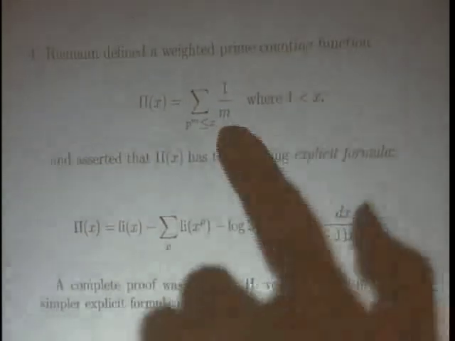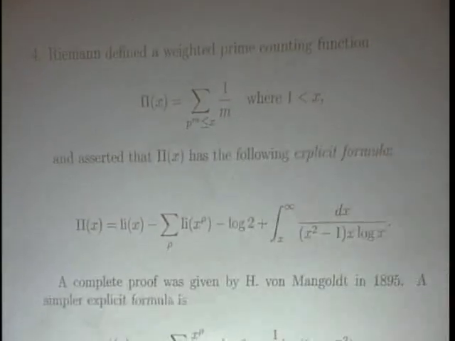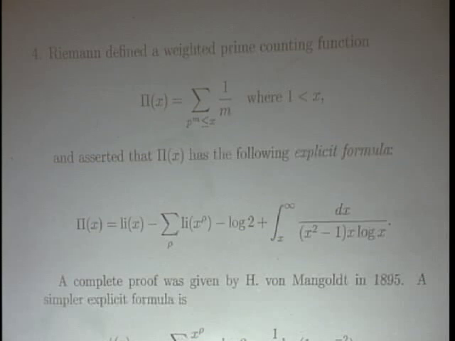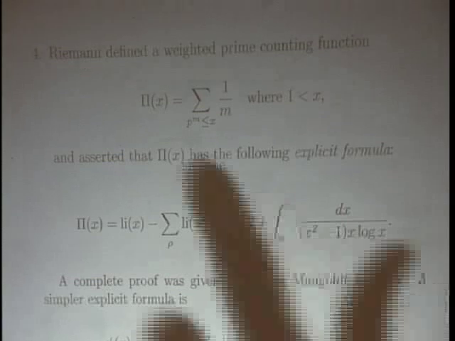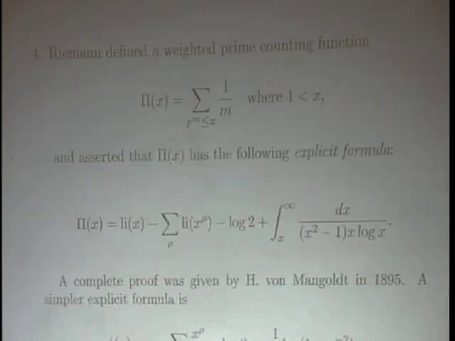Capital pi of x counts a 1 whenever you encounter a prime less than or equal to x. If you encounter the square of a prime, it counts 1/2. If you encounter the cube of a prime, it counts 1/3. So capital pi of x is a pretty good approximation to little pi of x, which just counts primes.